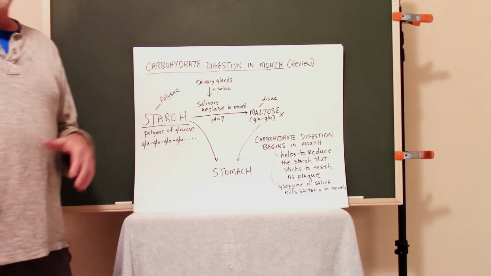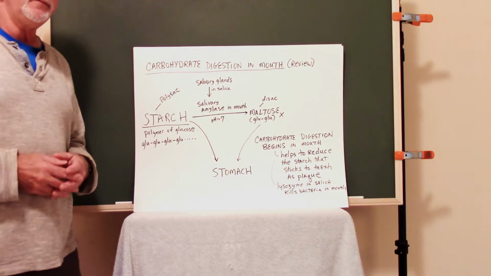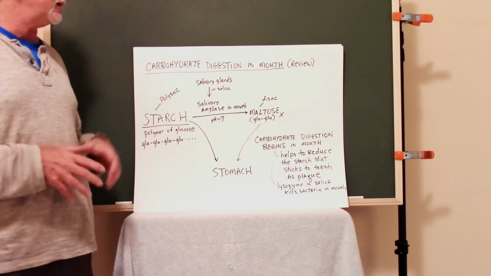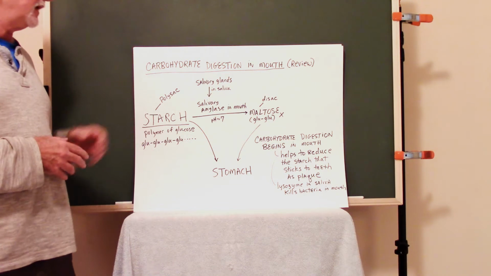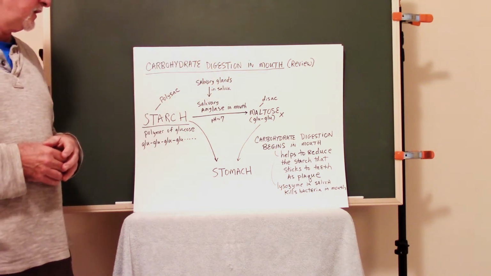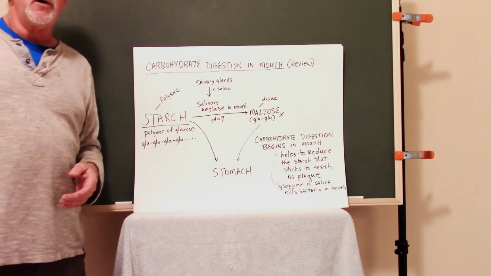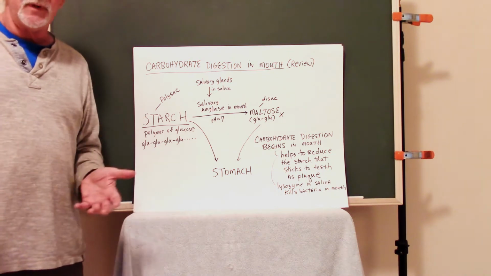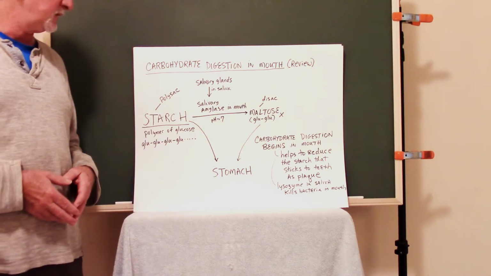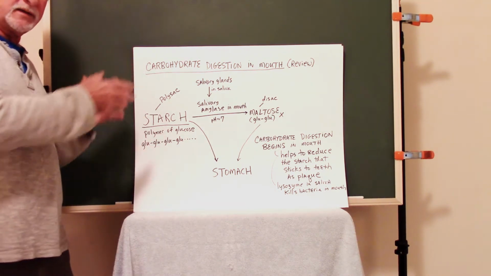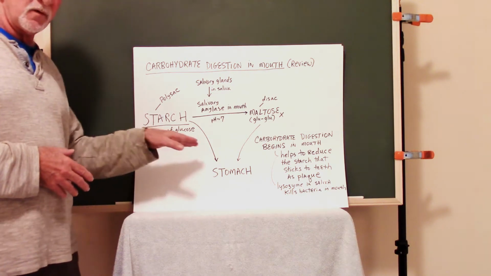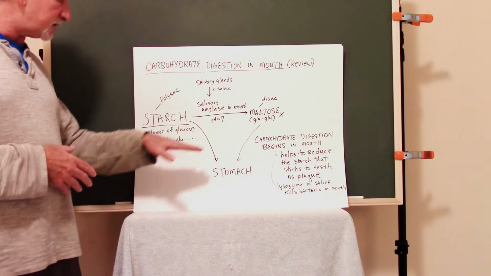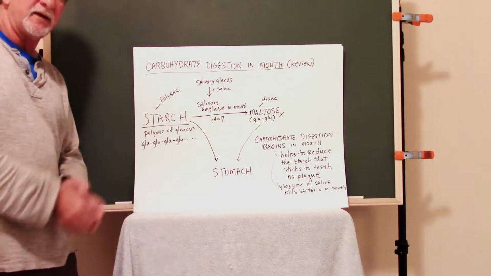So we'll begin with carbohydrate digestion, but I think I'm going to step back and just review carbohydrate digestion in the mouth. So, starch is a complex carbohydrate. It's a polysaccharide made up of many monomeric or monosaccharide units of glucose that are all bonded together.